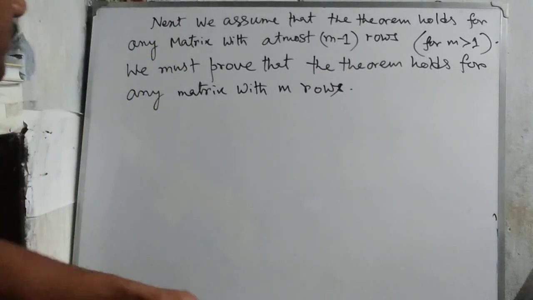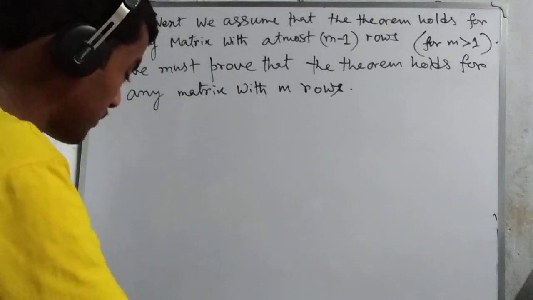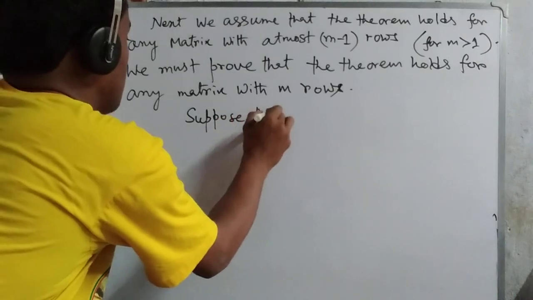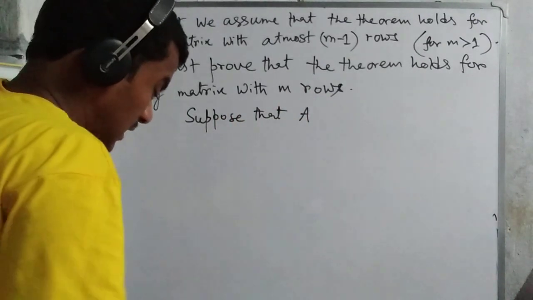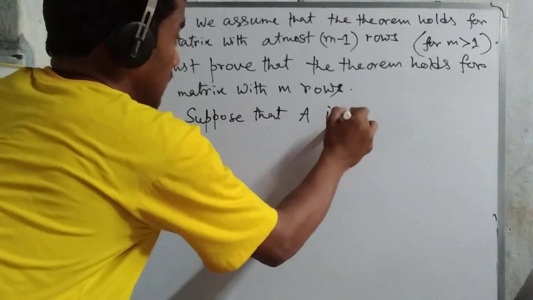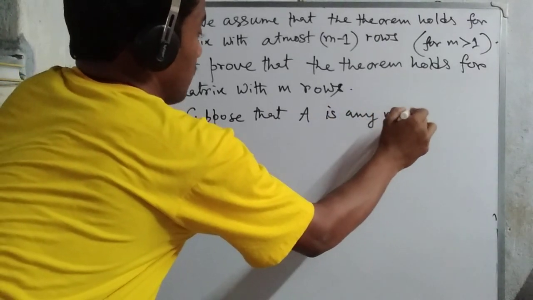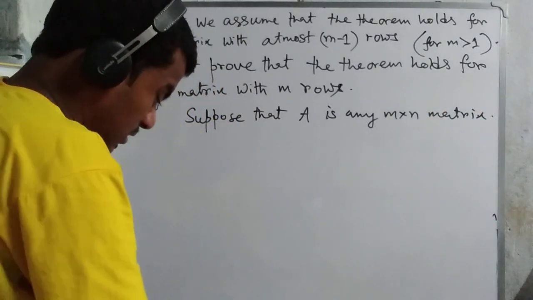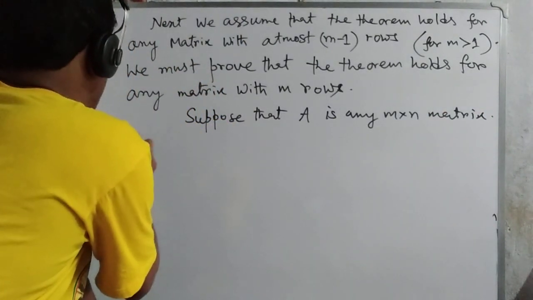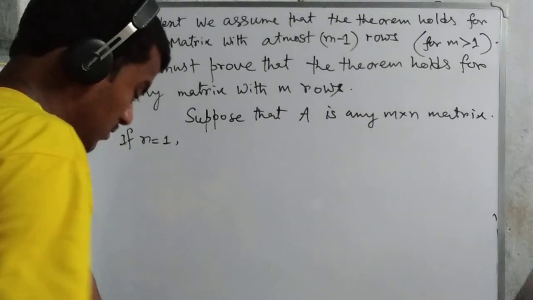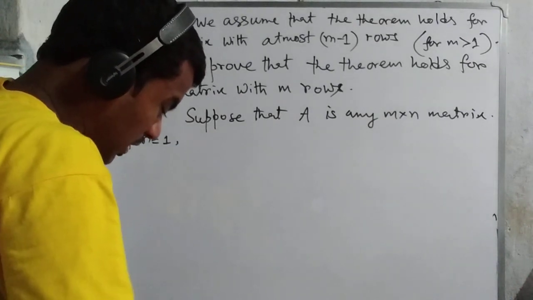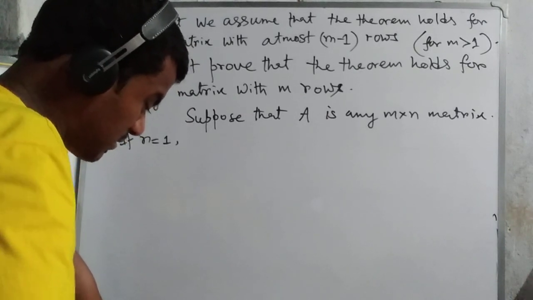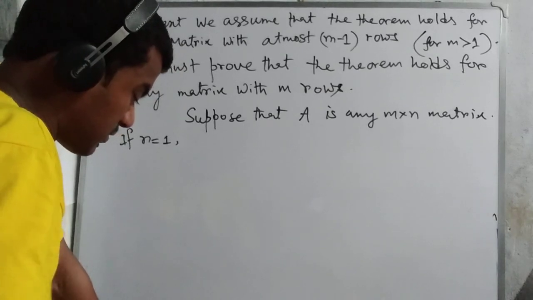Then what happened? Then we also go to discussion about that. Suppose that A is any m cross n matrix. Then what happened? If n equal to 1, then the theorem is established for m equal to 1.